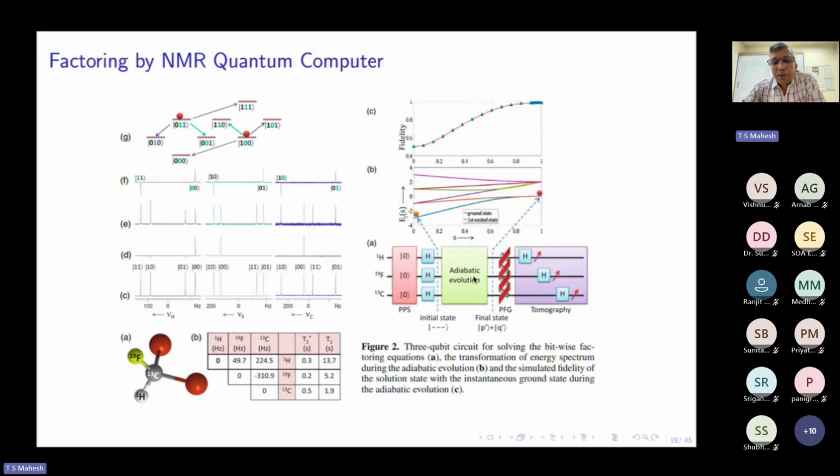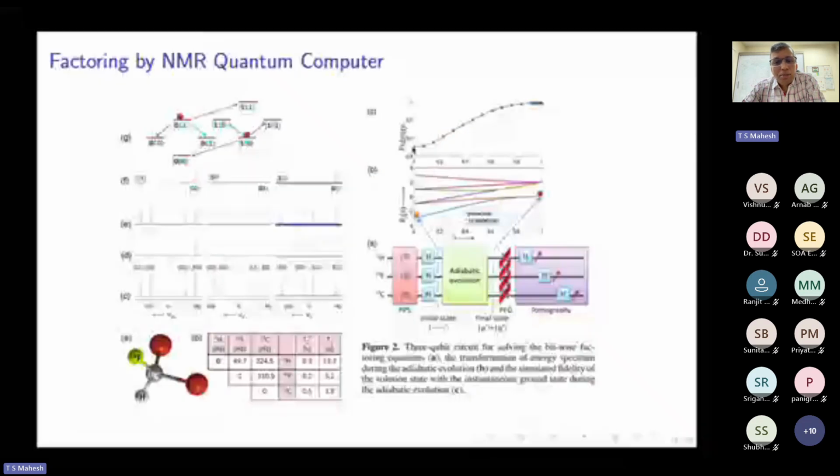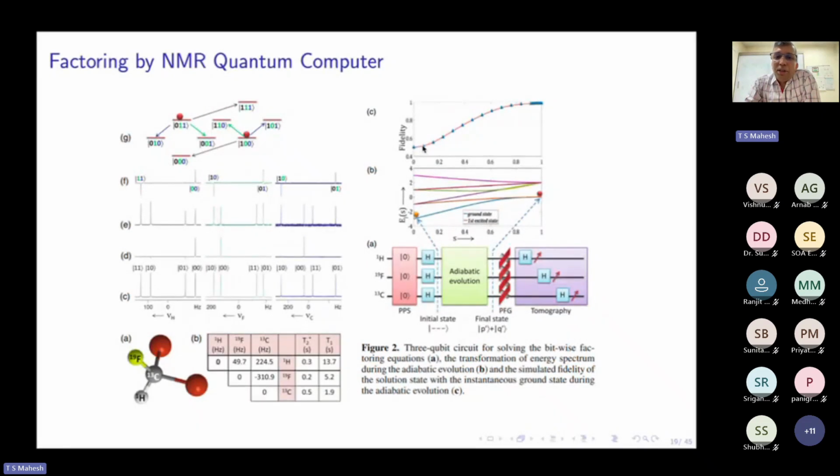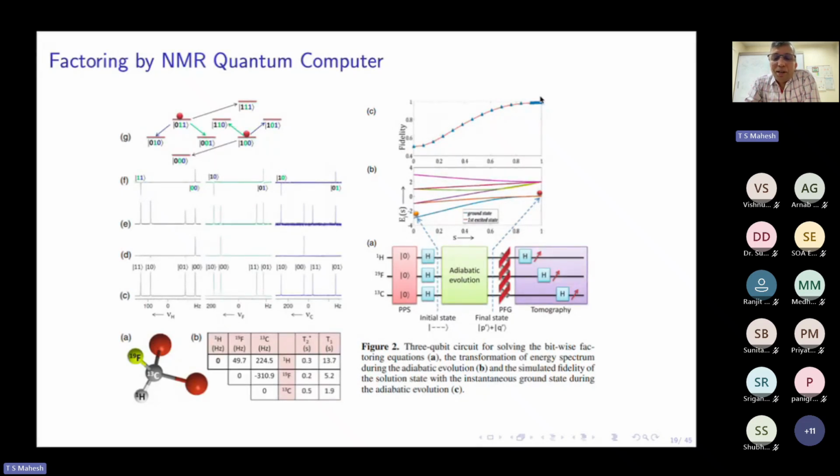What we do is the following. We start the system in some beginning Hamiltonian, H0 for example, and adiabatically, that means very slowly, we change the Hamiltonian to the target Hamiltonian, and the target Hamiltonian encodes the factors in the ground state. That can be done. The details are a bit lengthy, and I will not be able to cover them today.